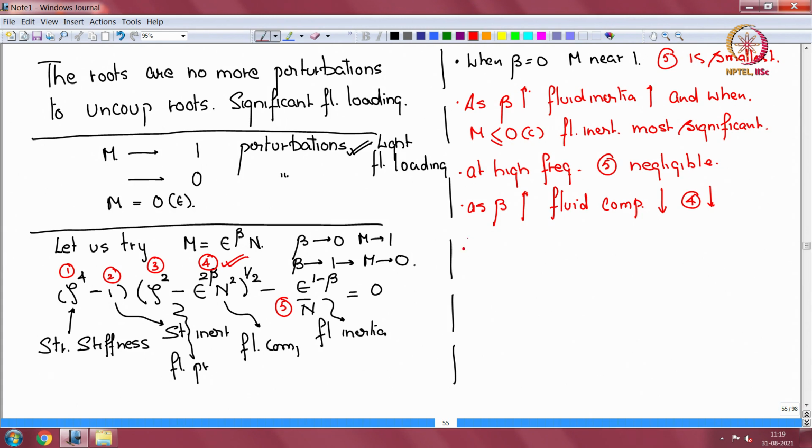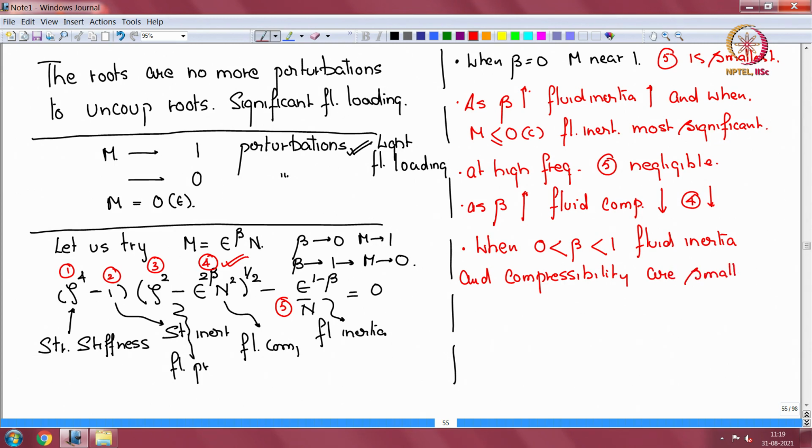When 0 is less than beta is less than 1, fluid inertia and compressibility are smaller than the other terms.